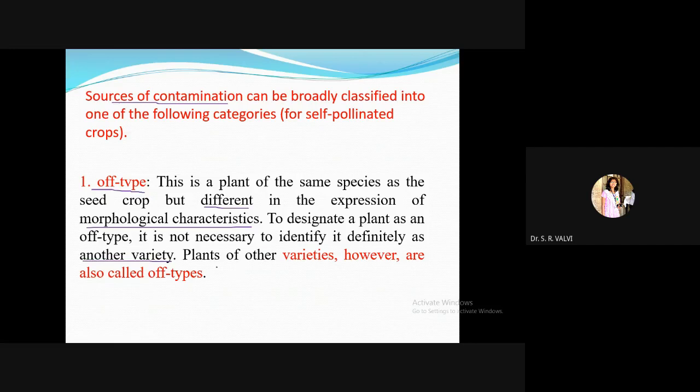The plants of other varieties, however, are also called off type. If other varieties are growing, then yes, you have to consider them as off type. So off type may be a similar plant, of a similar species, but giving different morphological characteristics, and you have to consider it as off type.